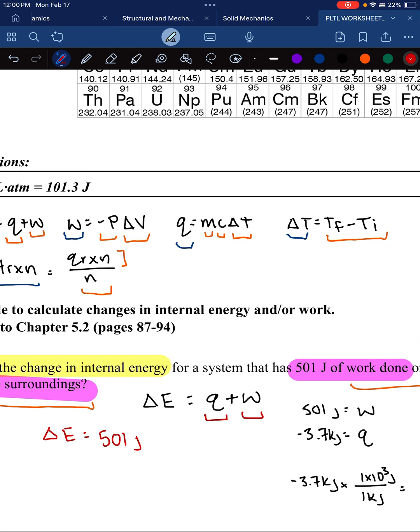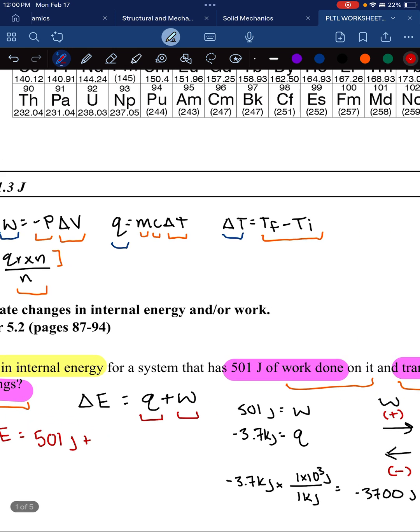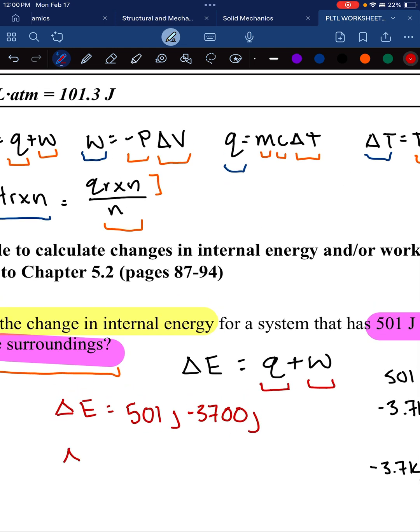And now we will come over here and we will subtract that negative 3,700 joules. And now I'll grab my calculator. Well, 501 minus 3,700 gives us negative 3,199 joules, or negative 3.199 kilojoules.